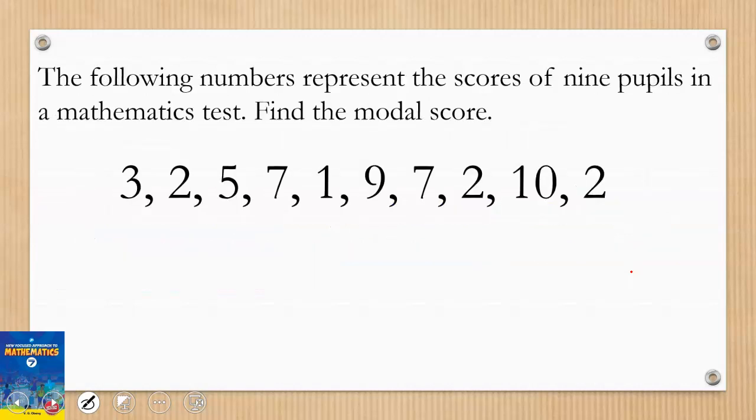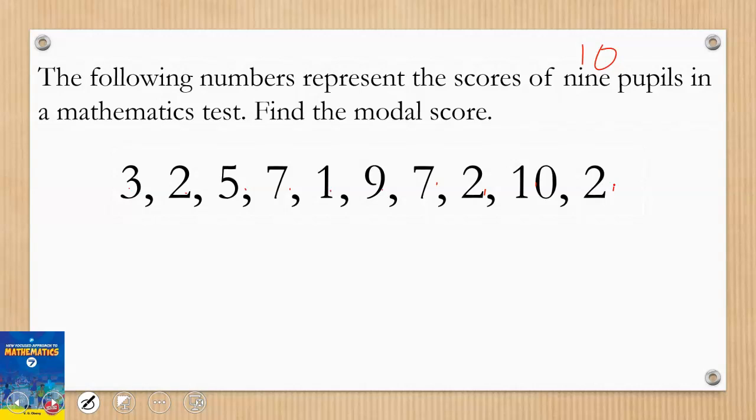Now let's take another example. Look at this one. The following numbers represent the score of 9 people. Okay, I think that's going to be 10. 1, 2, 3, 4, 5, 6, 7, 8, 9, 10. So 10 people in a mathematics test. Find the modal score. Again, we look at the most occurring frequency.